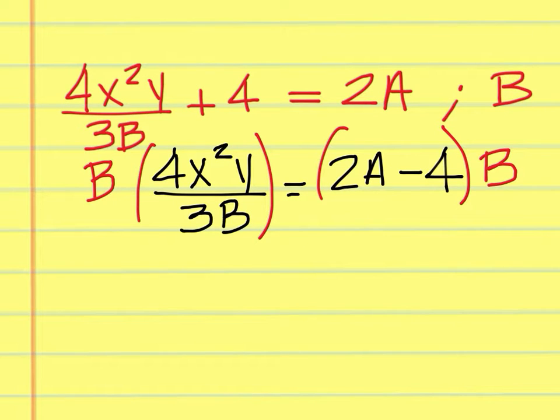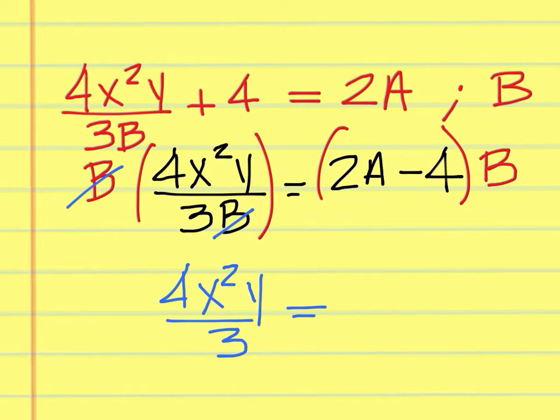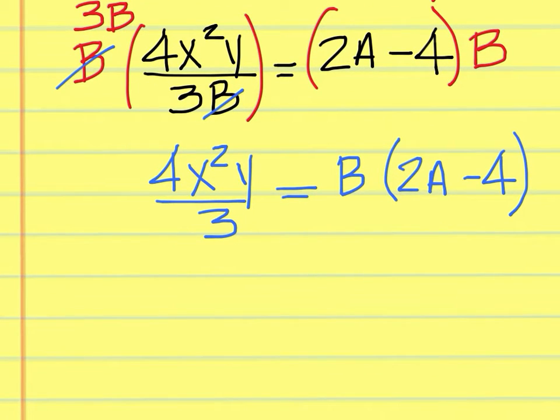When we do that, it cancels out here and leaving us with 4x squared y over 3 and then equals b times the quantity 2a minus 4. And now to get the b completely by itself, you would have to divide both sides by 2a minus 4.